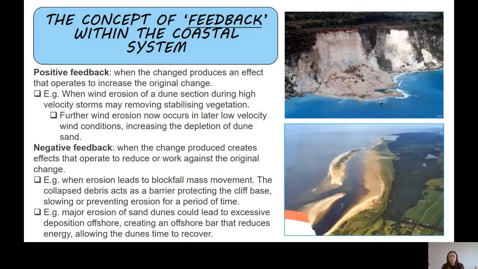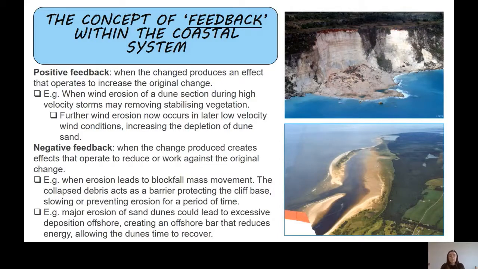Here in the feedback concept, a positive feedback happens when the change produces an effect that operates to increase the original change, like a knock-on effect. When one change leads to another change, leads to another change, and that means there won't be equilibrium.